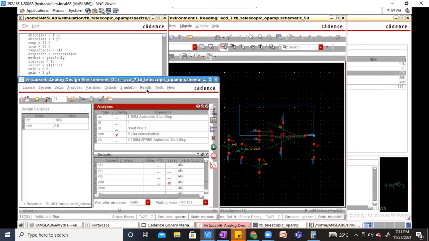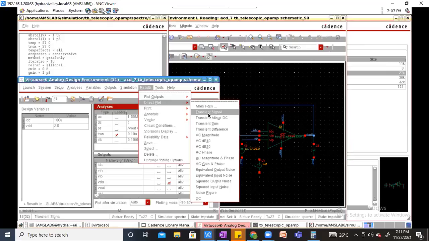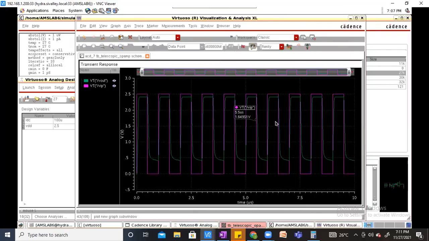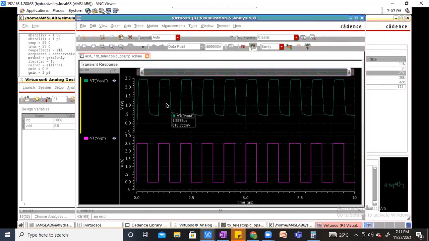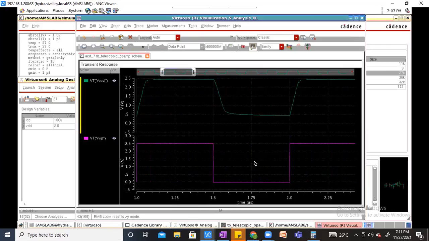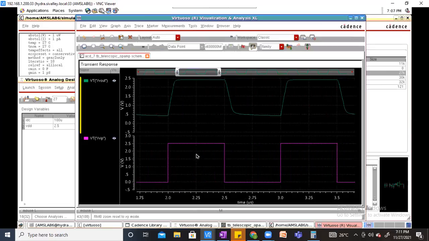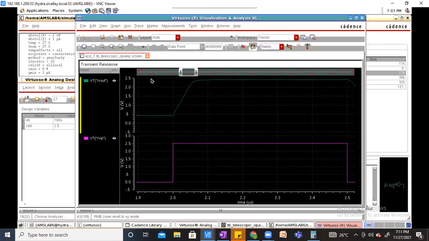Now we will see the result for this. Here again we will try to find out, you guys can see the difference. You remember in the two-stage Opamp, this was slow and sluggish. Now you can see it is very fast.